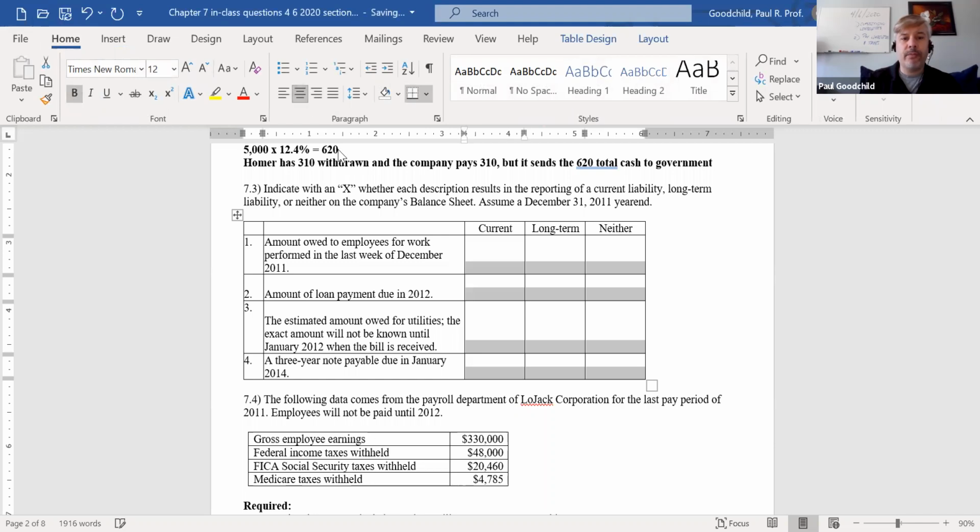Of course, it's a current liability because it's going to be paid within 1 year. Amount of loan payment due in 2012. That's within 1 year. The estimated amount owed for utilities, the exact amount will not be known until January when the bill is received. That's a current liability. And a 3-year note payable due in January is long-term.